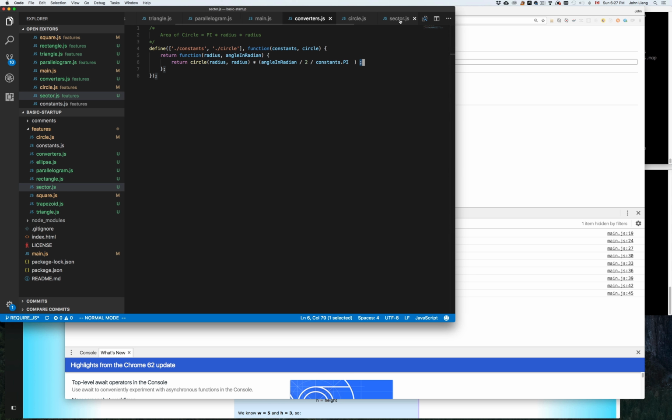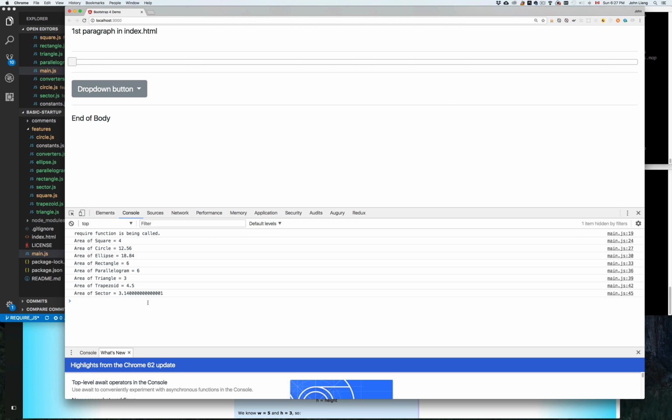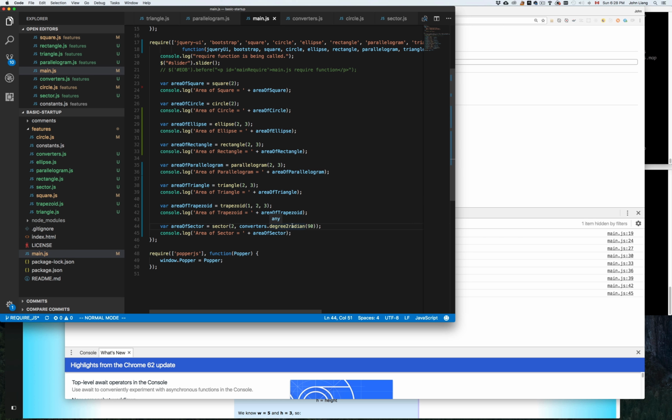Okay, so let's take a look at the sector thing. main.js. So this should be okay. Let's take a look. So the calculation is there with the correct value. So we have refactored some complex computation that is from here originally to a separate module within the converters.